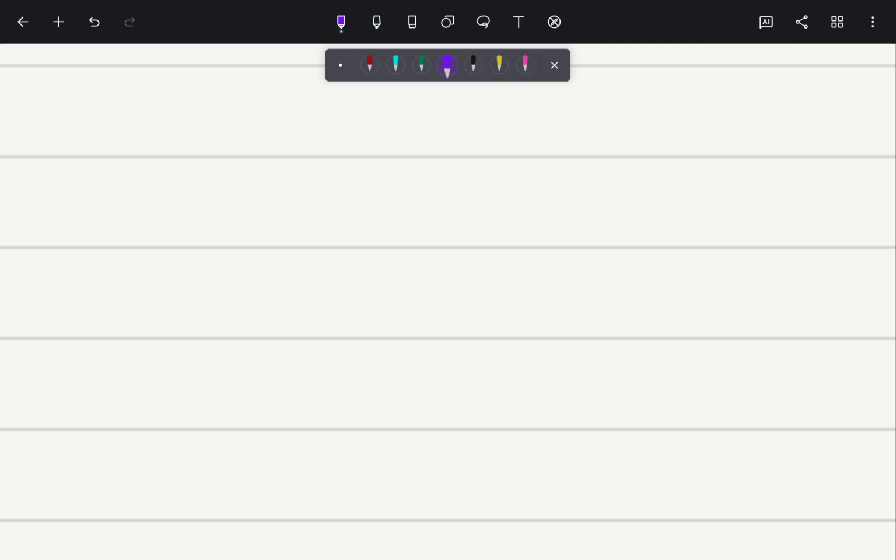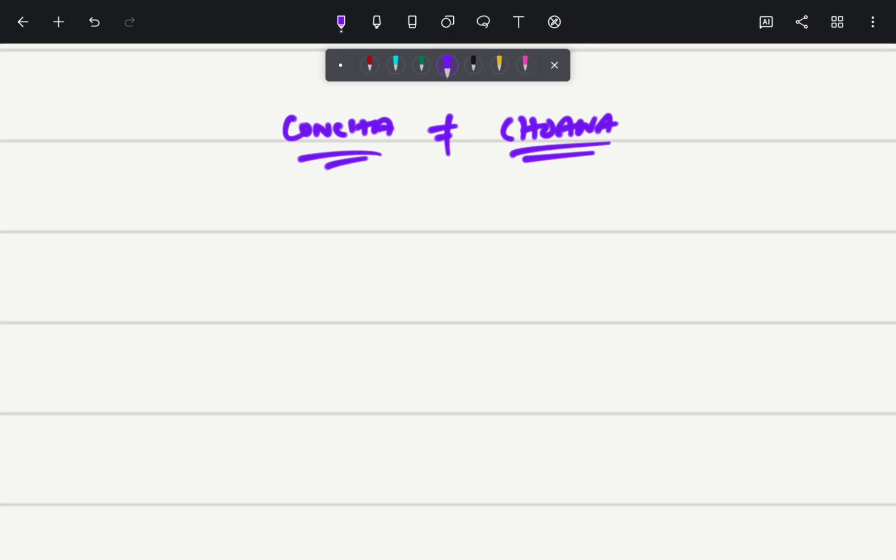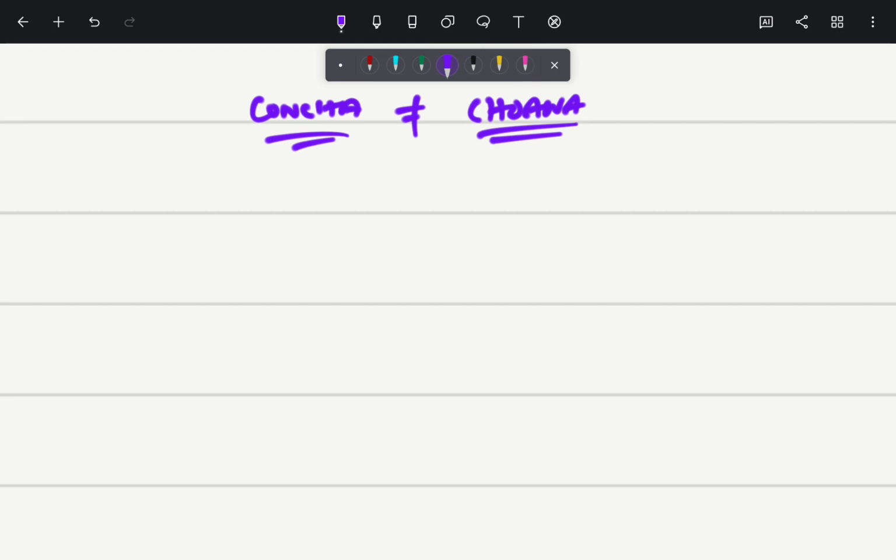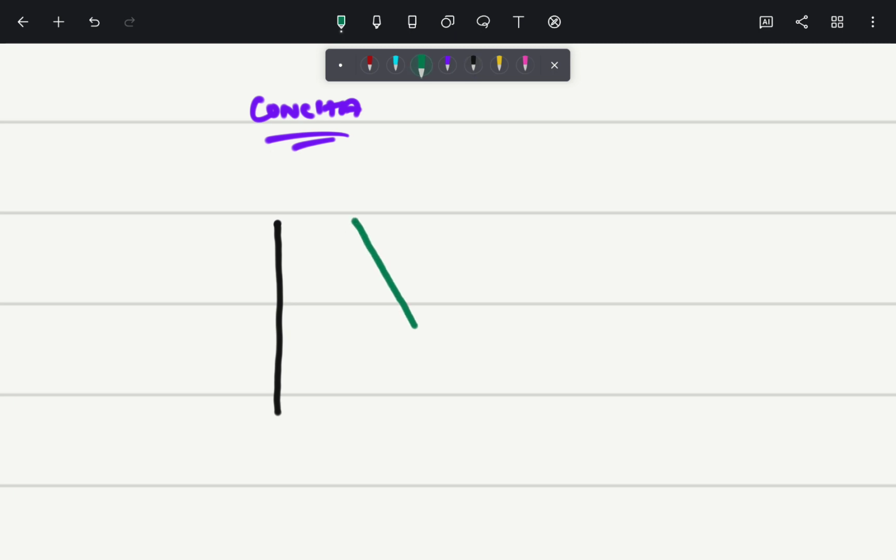Now let's talk about concha. Concha and choana are not the same, so please wait for the choana part. We will talk about concha here. I told you that here is your nasal septum, and here is your lateral wall of the nose.